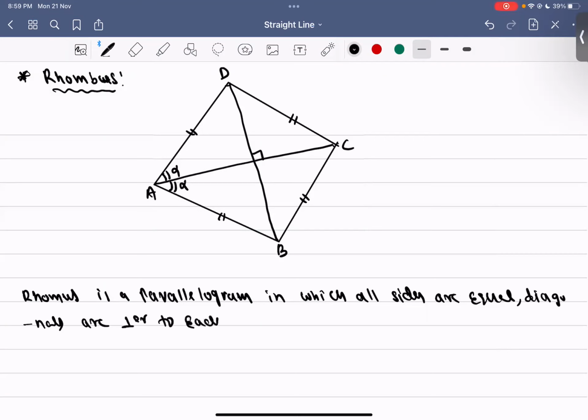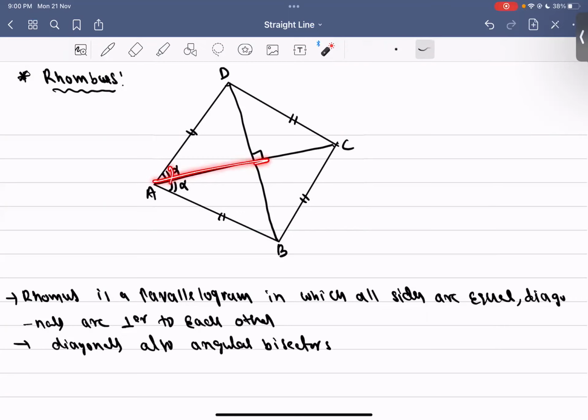Here diagonals are also angular bisectors. These are the own properties of a rhombus.